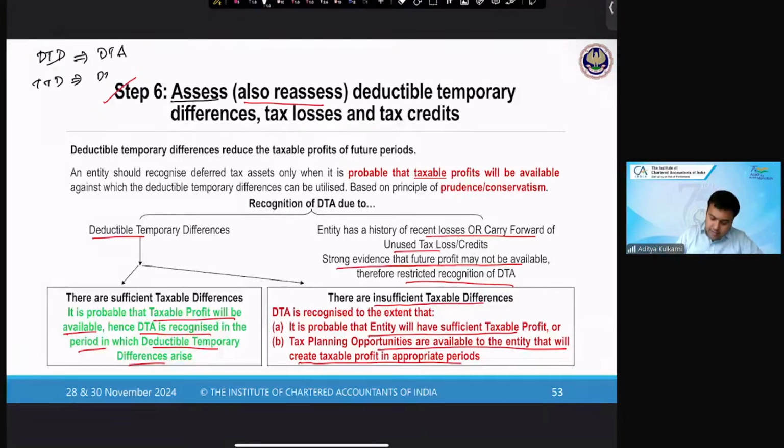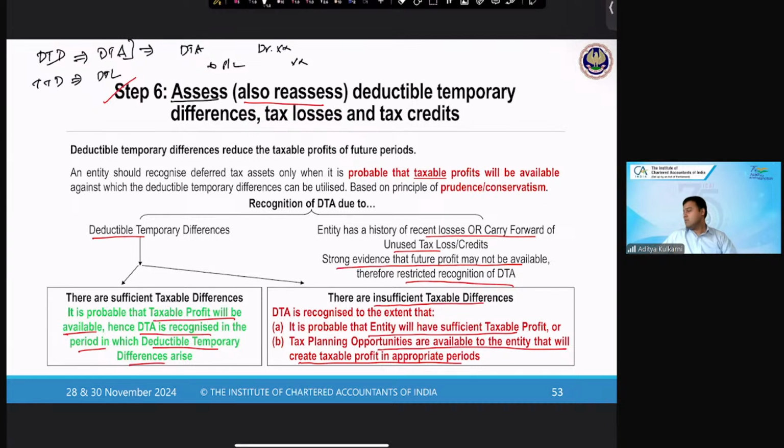What is the entry for DTA that will be passed? Deferred tax asset account debit to P&L. Tell me one thing. This deferred tax asset, deferred tax liability, do they involve cash flows or is it only a book entry nature? Only a book entry.